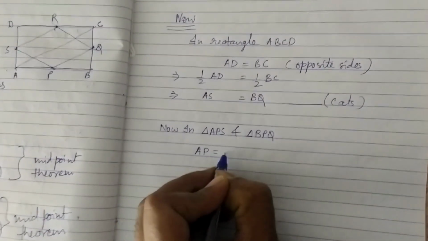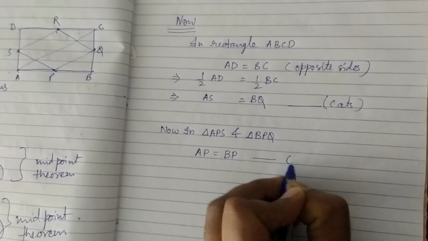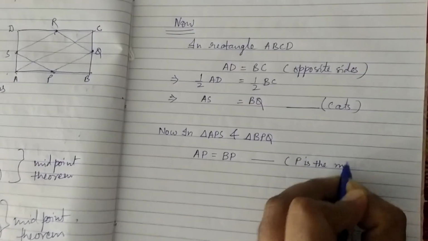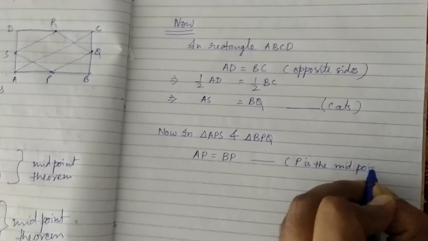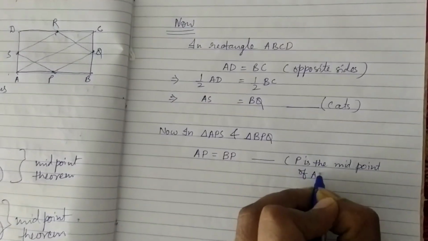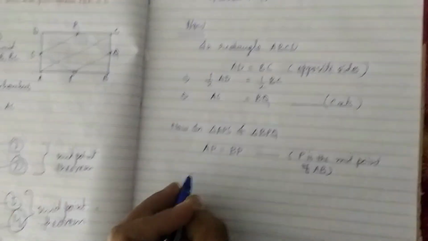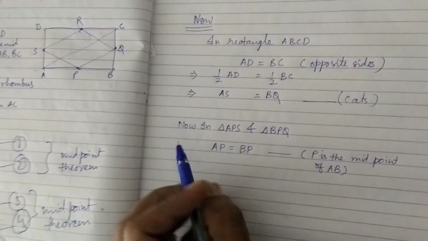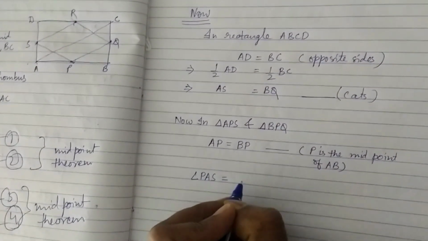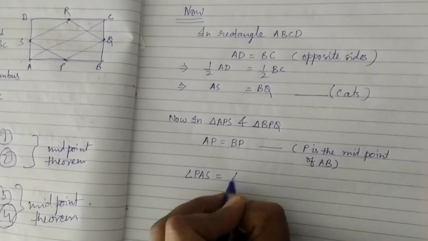AP is equal to BP, P is the midpoint of AB. Angle PAS, angle PAS will be equal to angle PBQ.